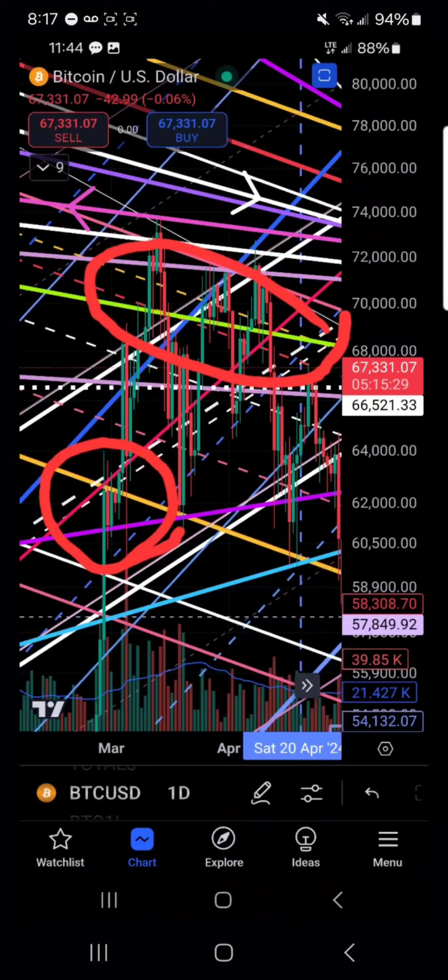Well, I placed the base of my parallel channel here at about 62,000. This snapshot is on the daily time frame, and that's where we were shooting up, and we had a little bit of consolidation there.